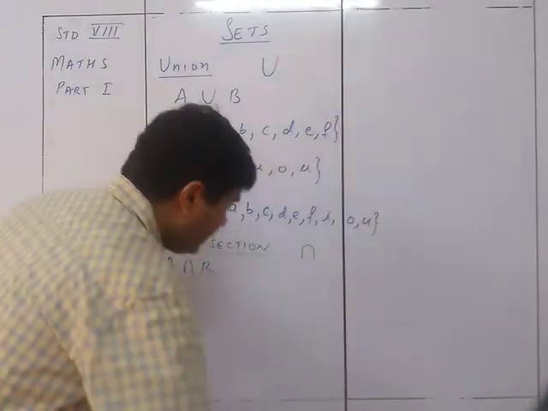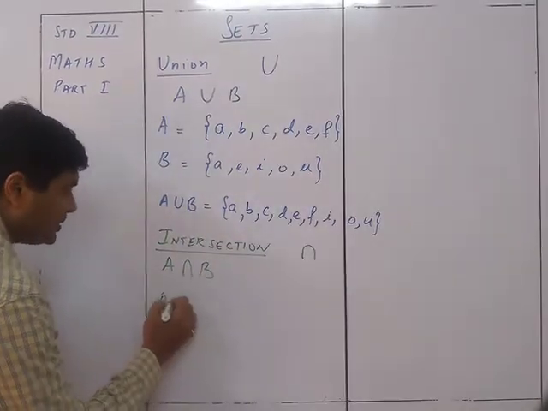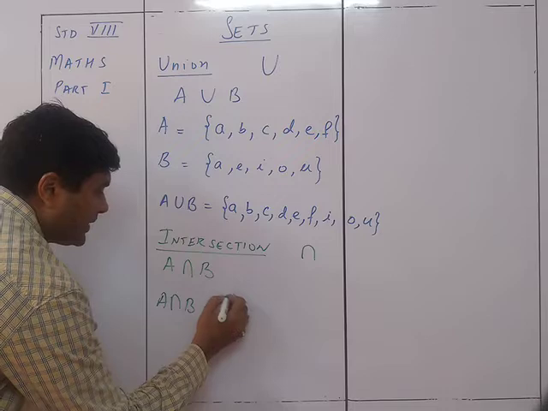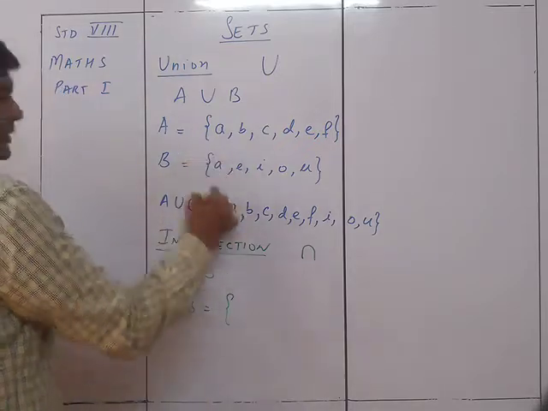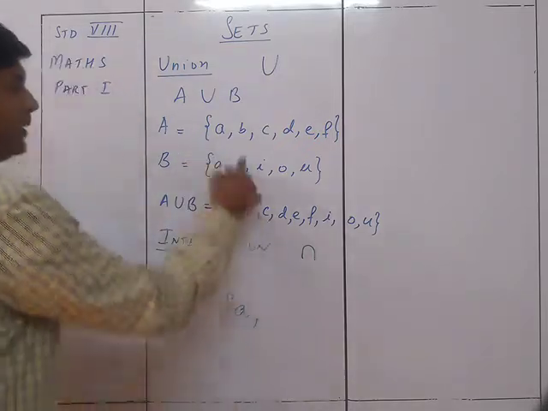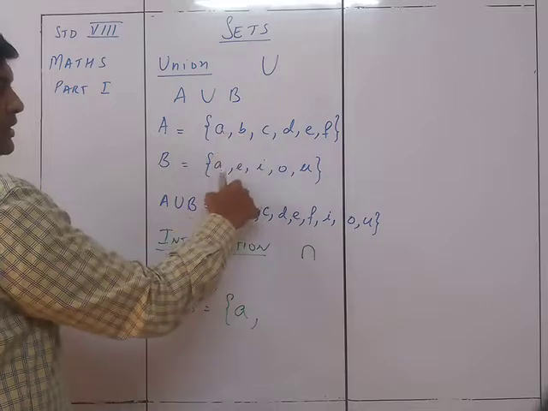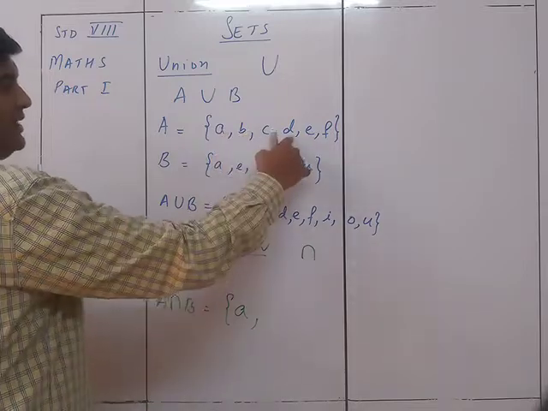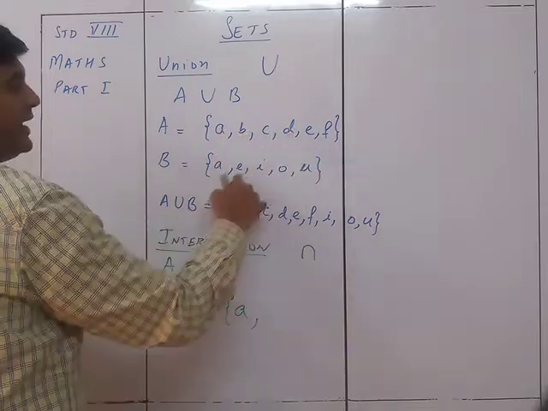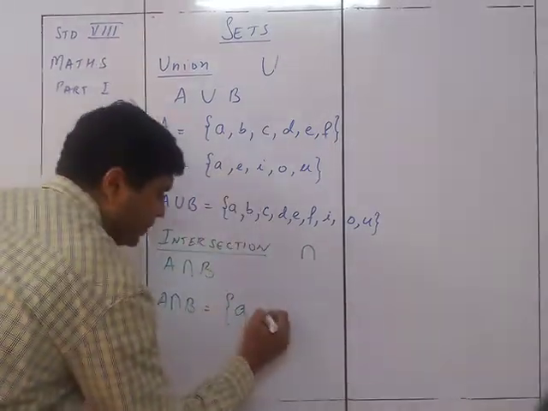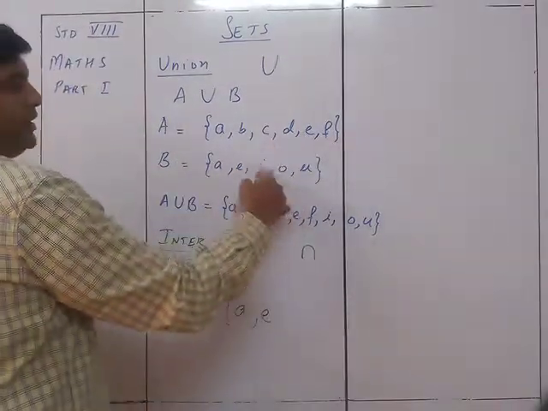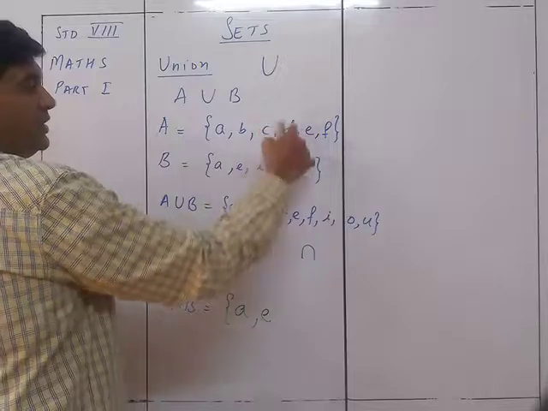So we see that A intersection B will be over here. You can see A is common, so A will be there. B is here but not here, C is here but not here, D is here but not here, E is here as well as here. So E will be there, F is not here, I is not here, O is not here, U is not here.